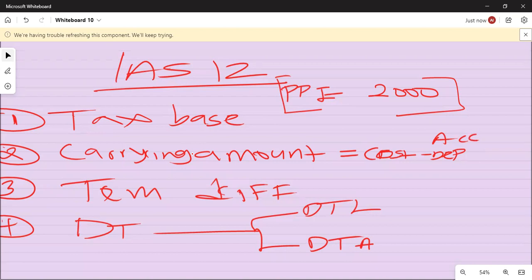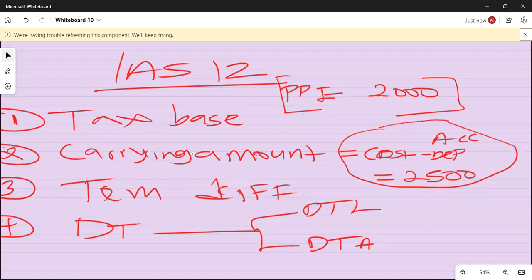Let's say, for example, I have a certain asset and the carrying amount is 25. Meaning that this is what I recognize in my book as the value of this PPE. But the tax authority is saying that it is 2000.